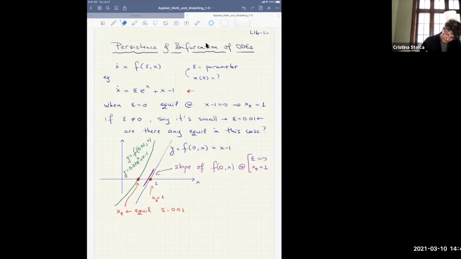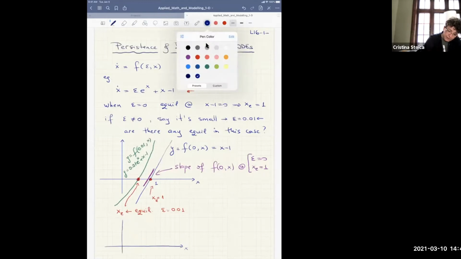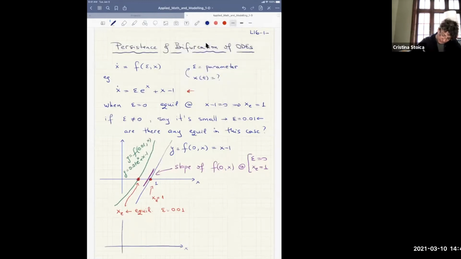And here I'm doing a picture. Let's say we have something where the slope there is 0. So here is a graph of the function, epsilon 0 and x. This is a root here, an equilibrium.